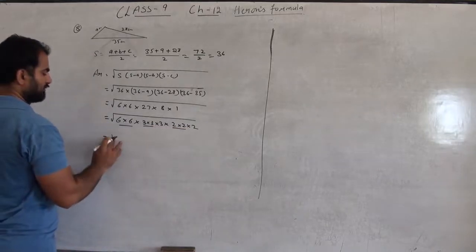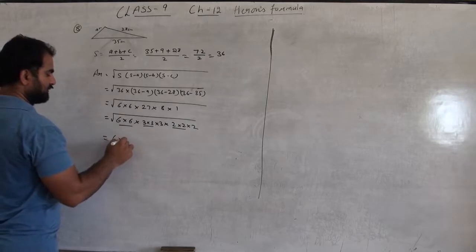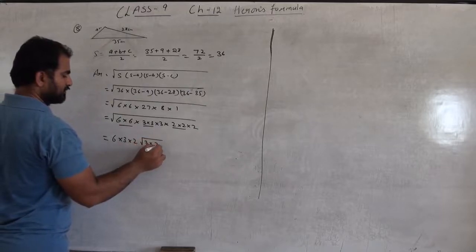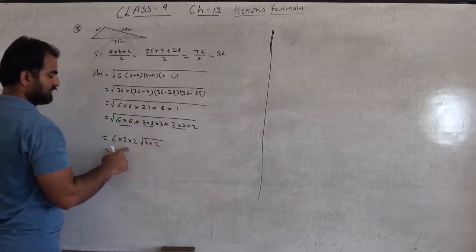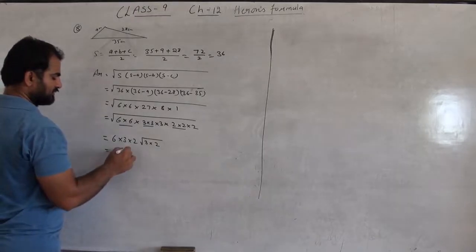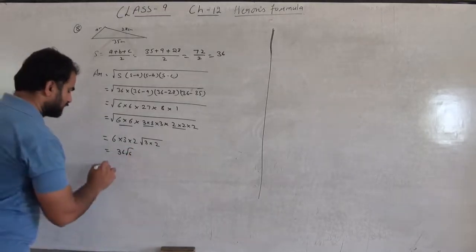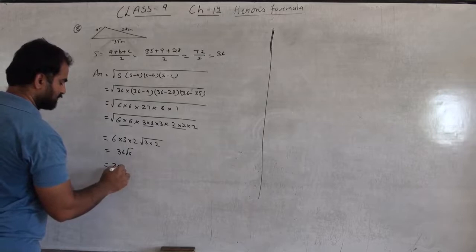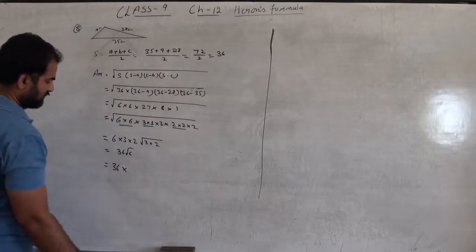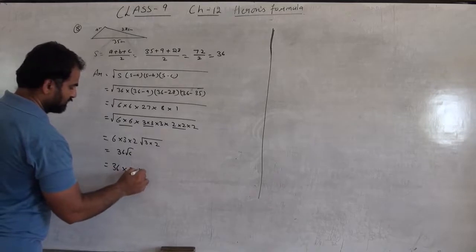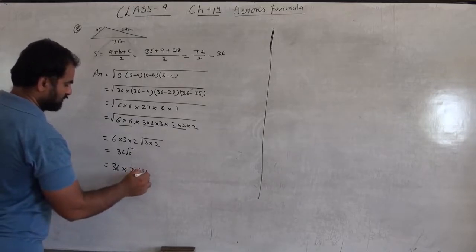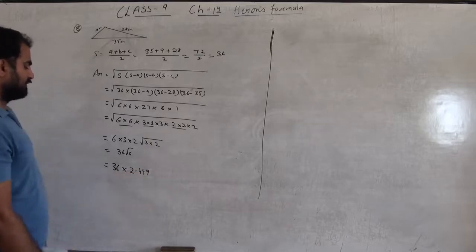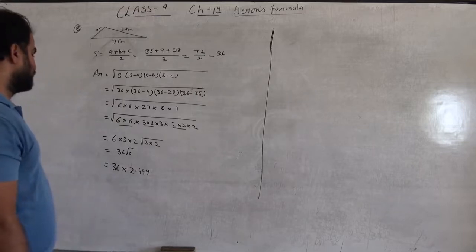So it will be 6 into 3 into 2 root 3 into 2 equals 6 3s are 18, 18 2s are 36 root 6 and the value of root 6 is 2.449.